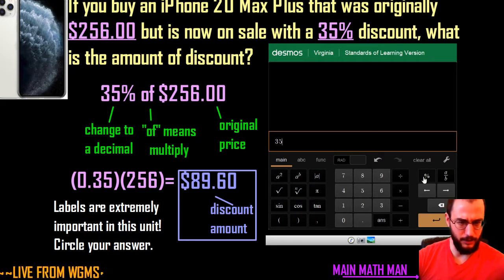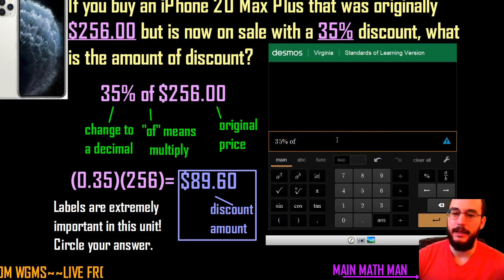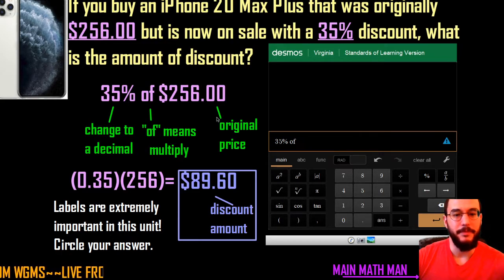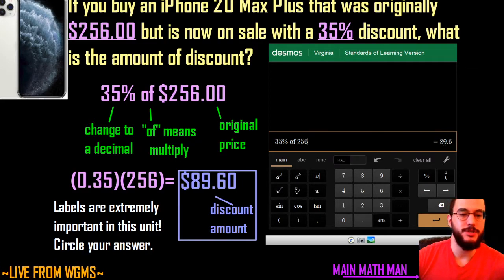If I include this percent symbol or this percent button, it has "percent of." So again, you don't use this to change it to a decimal, but you're saying it's 35%, and we need to add something else to it. So you need to have something on both sides of that "percent of" number, because we're saying it's 35% of 256, which is that same amount. So make sure you're saying that either way can work.